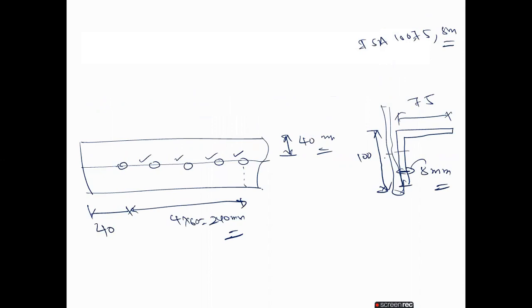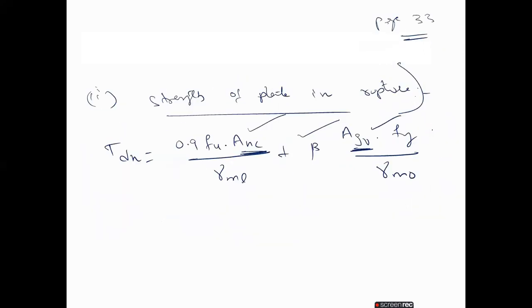I will show you here. This leg is the connected leg and this one is the outstanding leg. Now I will calculate the area of the connected leg. Anc = (100 - 22 - 8/2) x 8, where 22 is the diameter of the hole.